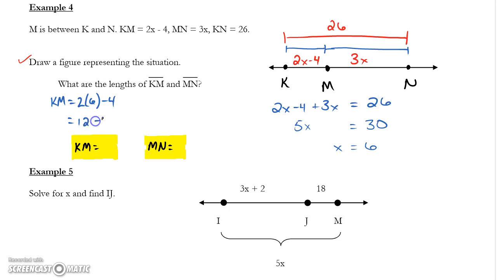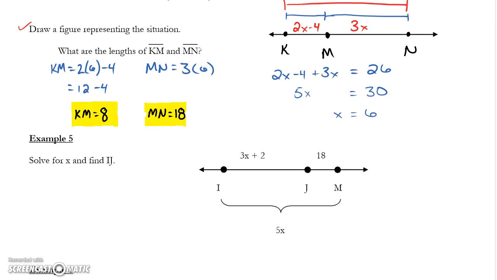Well, that's 12 minus 4. KM has a length of 8. And I know that MN has a length of 3 times 6. Well, MN has a length of 18. 8 plus 18 is 26, so I know I'm right and I have not made a mistake.